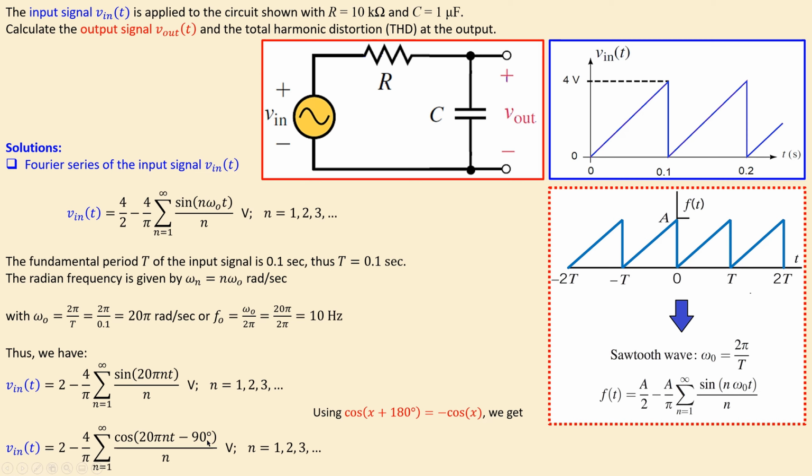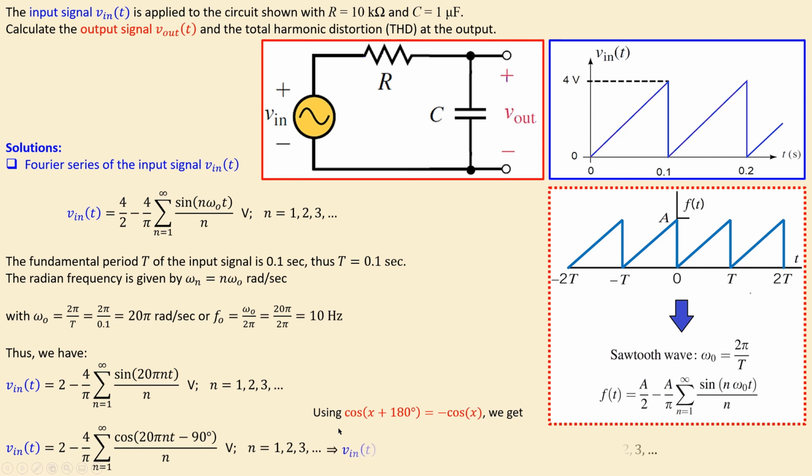Then I can say, instead of using minus here, so I really want to use the plus, okay, place the minus sign in here, make this a plus. Then I have a minus cosine of this term. I can also rewrite this as cosine of 20 pi nt minus 90 degrees, which is just an x here, and then plus 180 degrees.